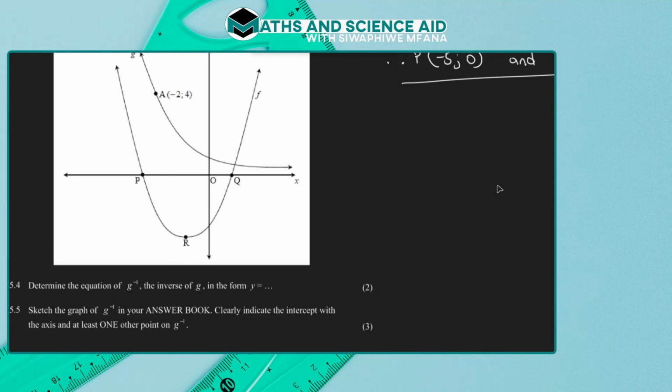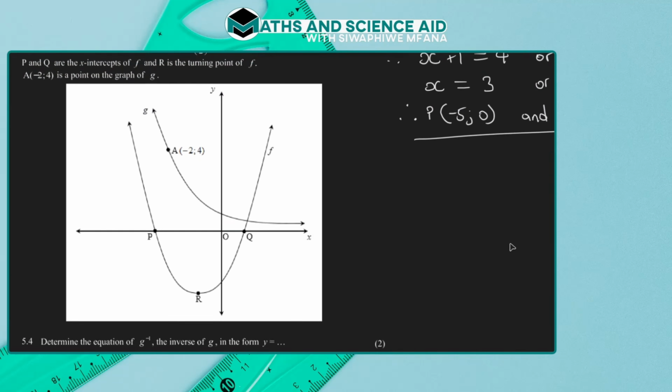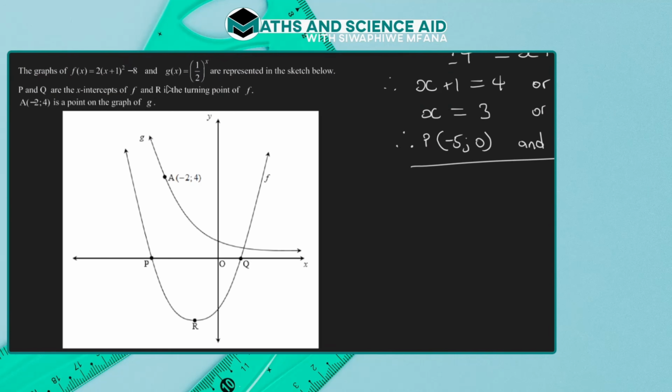And so now in 5.4, we are asked to determine the equation of the inverse of g in the form y is equal to. So again, this is the equation of g.